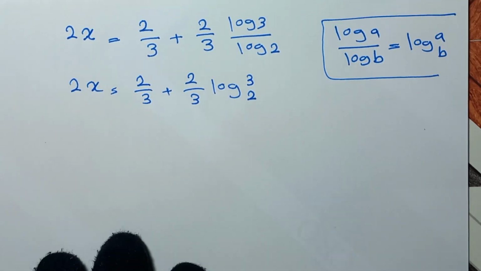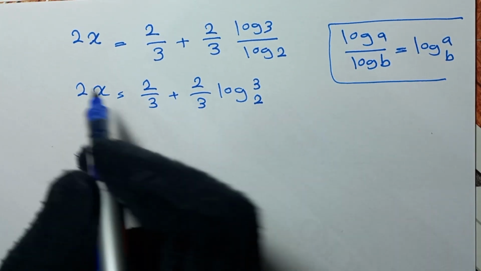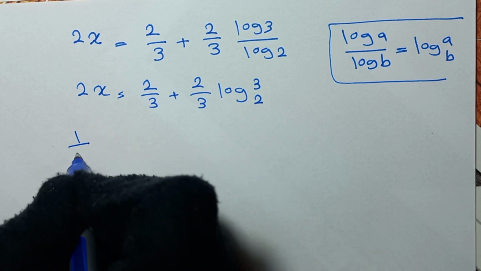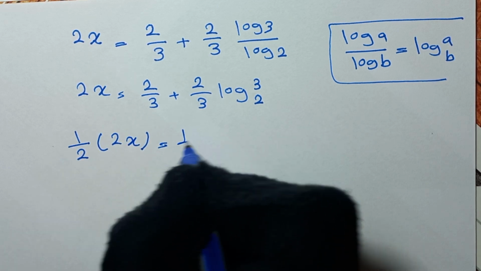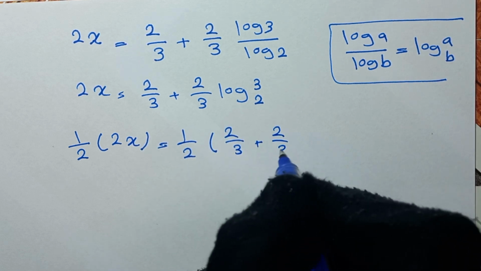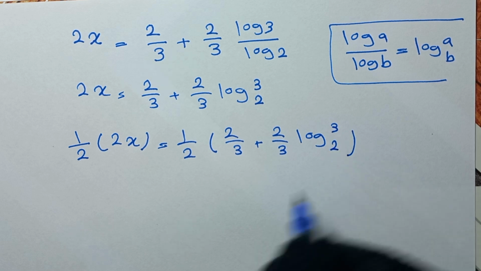So we want to find the value of x, so we multiply both sides of the equation by 1 over 2. So 1 over 2 times 2x is equal to 1 over 2 times 2 over 3 plus 2 over 3 log 3 to base 2.